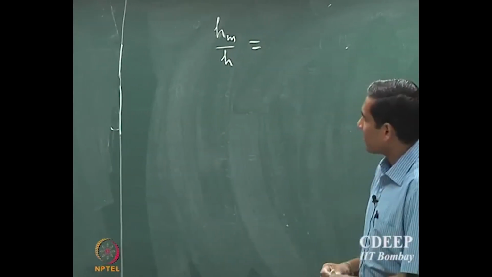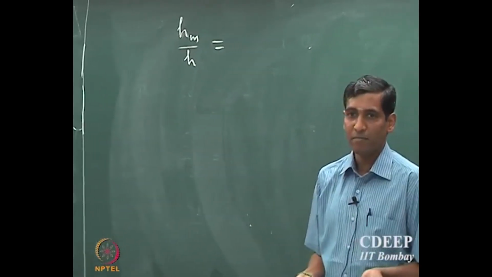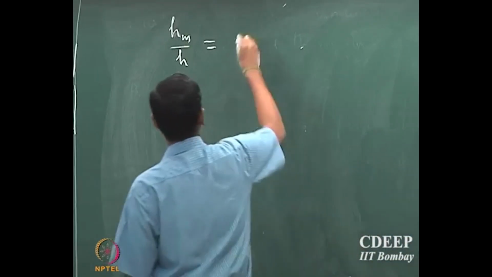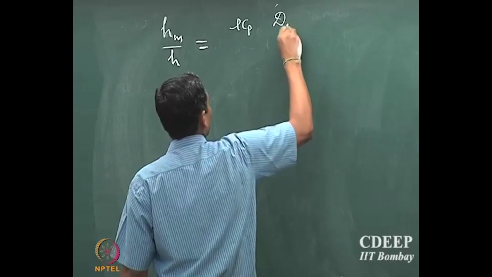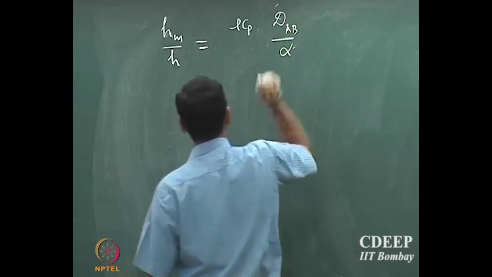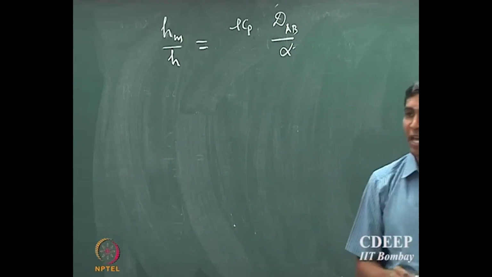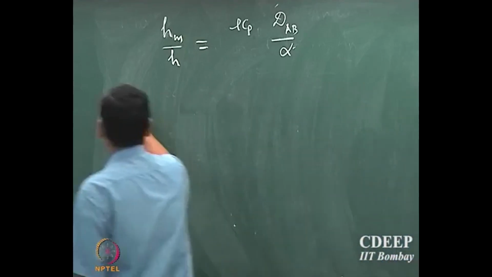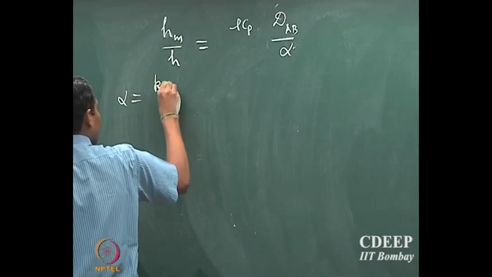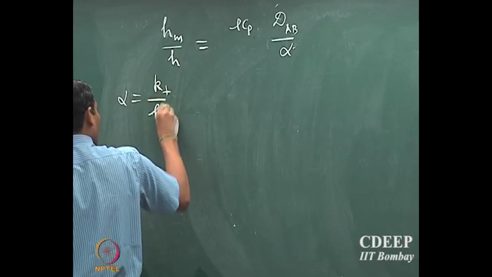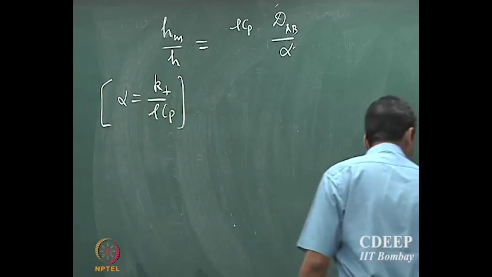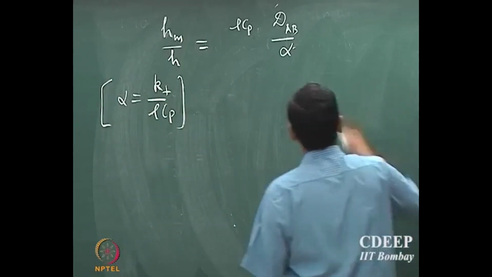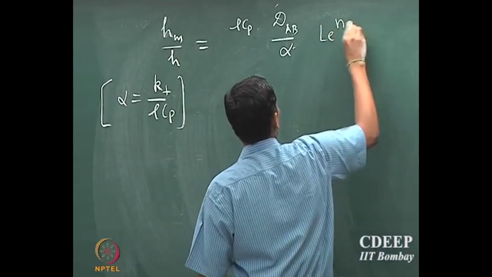Now the Lewis number is defined as alpha by DAB, right? So we can multiply and divide by rho Cp. All I have done is found Kf by rho Cp. So alpha is conductivity divided by rho Cp, which gives you the thermal diffusivity. So I have introduced a definition into the Lewis number to the power of n.